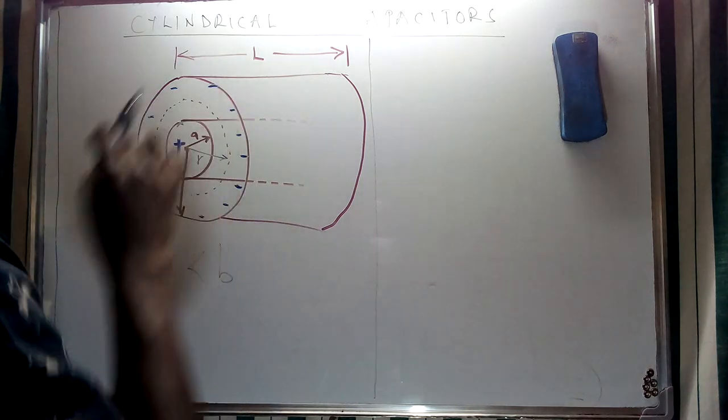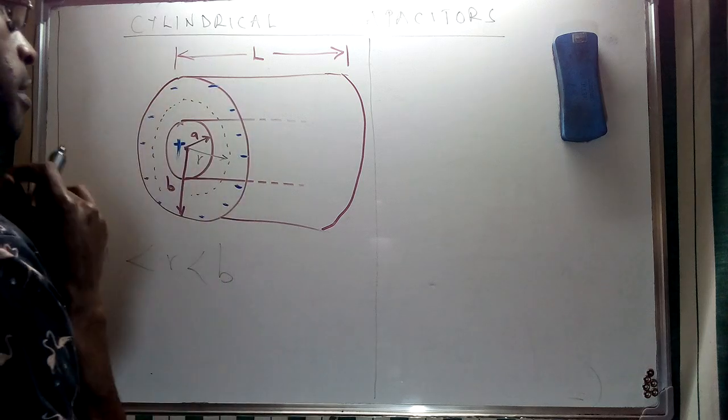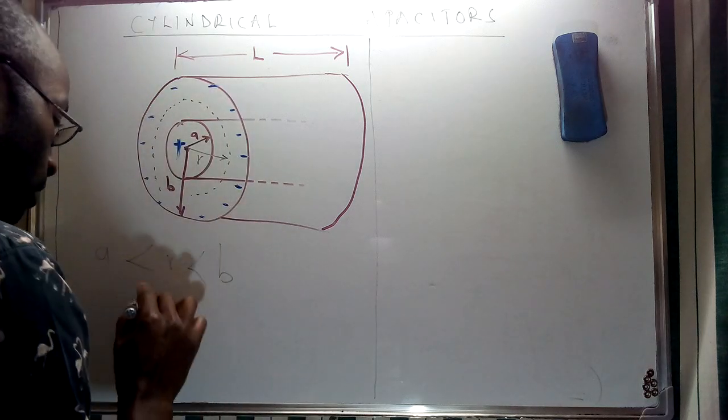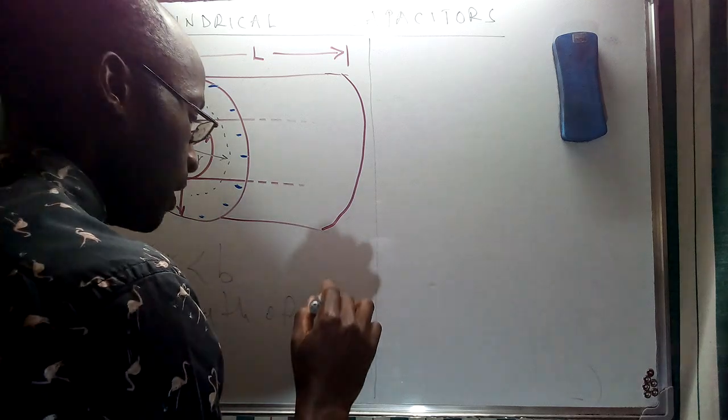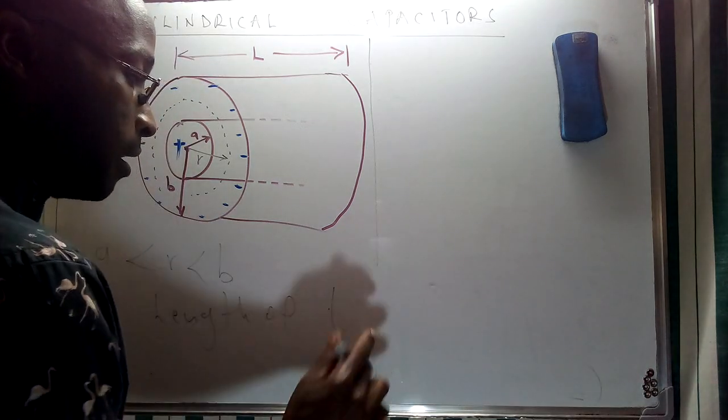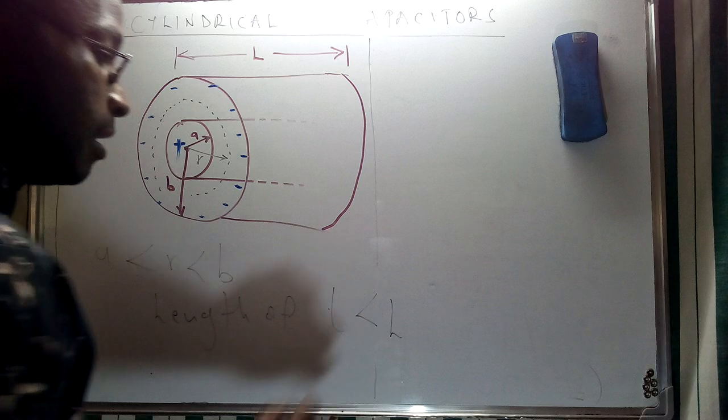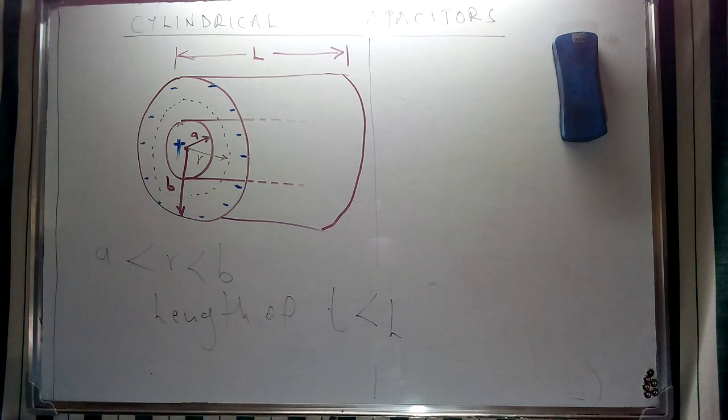This coaxial cylinder of our imaginary surface is going to have a length of lowercase l, which is smaller than the length L. We consider these conditions because the electric field in this case has to be confined within that region.